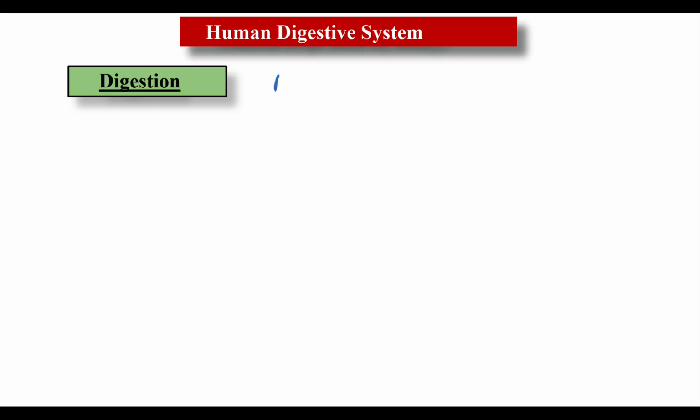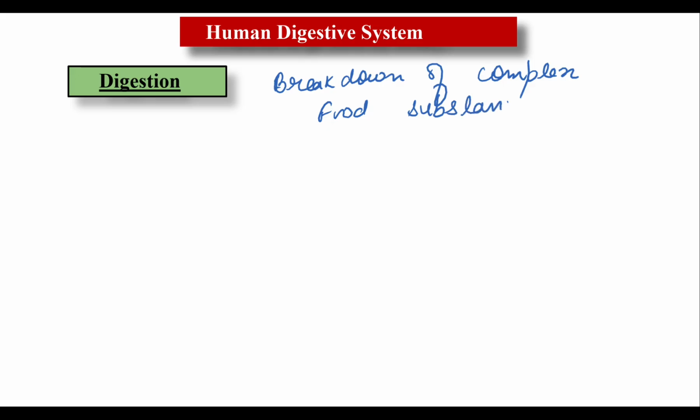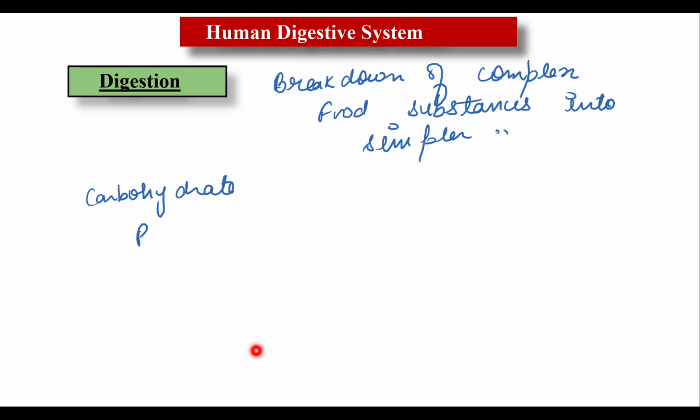Digestion means breakdown of complex food substances into simpler substances. Whenever you take food, your food contains carbohydrate, protein, some amount of fatty acid in the form of any type of edible oil, vegetable oils, or ghee and butter, as well as nucleic acid from vegetables.